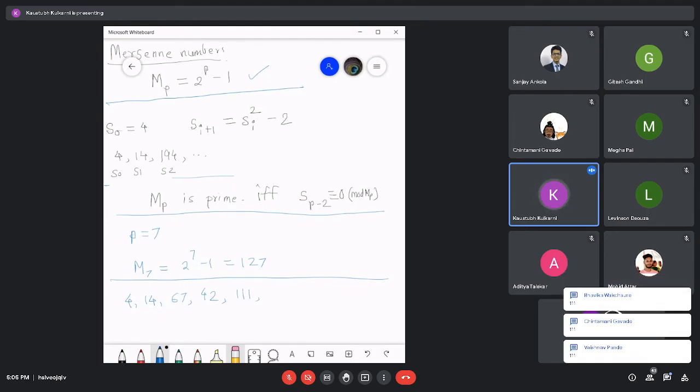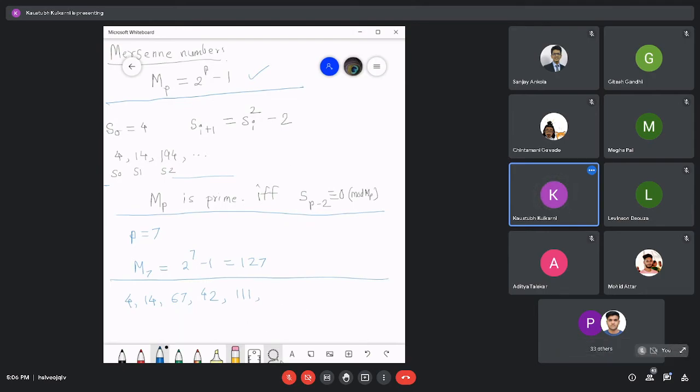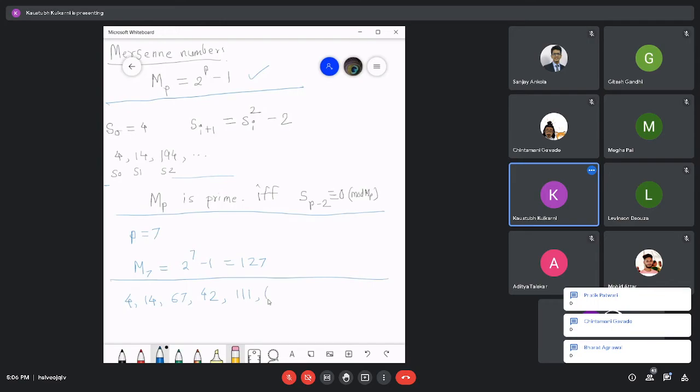Now 111 square minus 2 mod 127. Yes, this is 0.